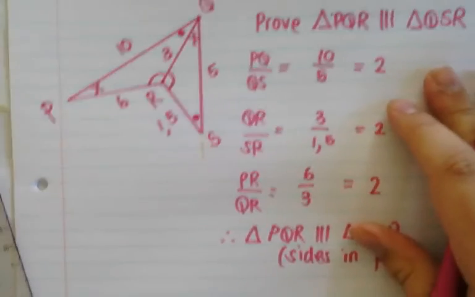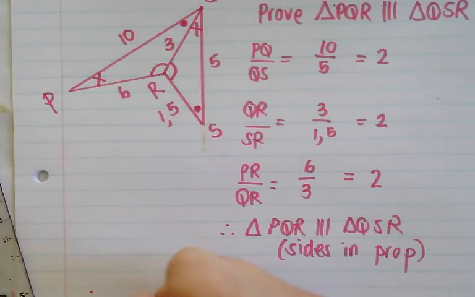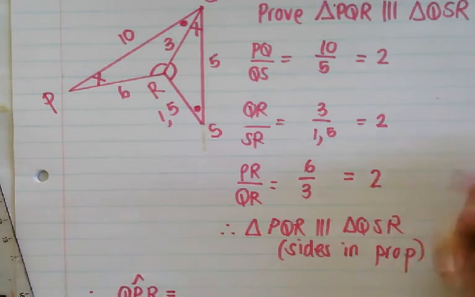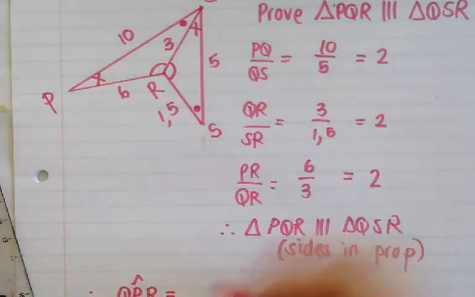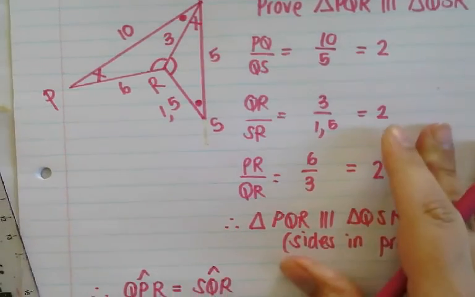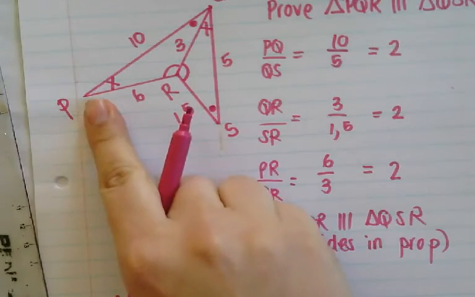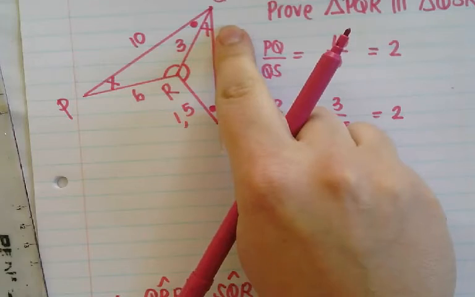So to write which angles are equal, I would say QPR equals SQR. Even though the P could have used one letter, that's fine, but the Q had to have 3 letters because there's confusion at that angle.